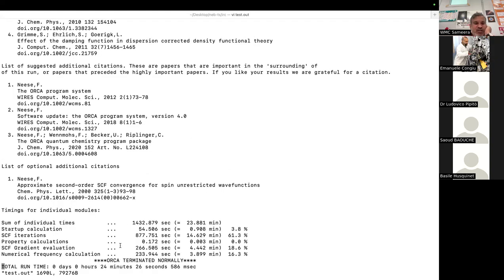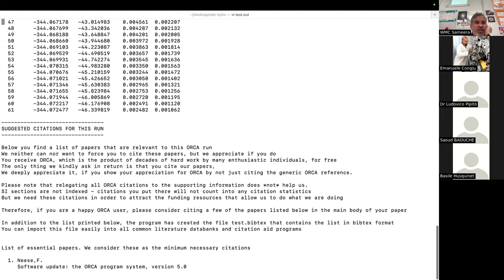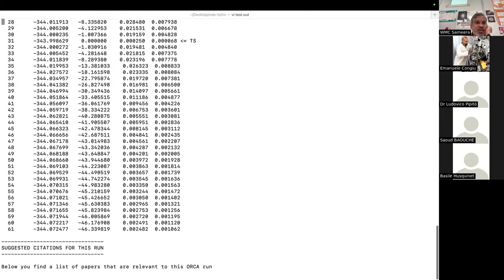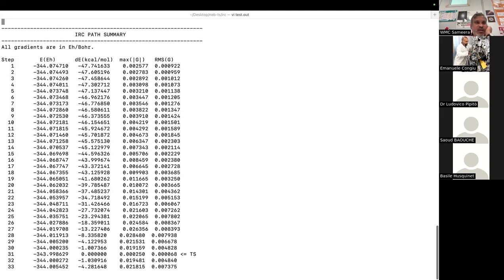So it's a normal termination, and if you go up, you can see here the IRC path summary. So you can see our transition state structure is here. This is the energy of the transition state, and then it looked into the reactant side.